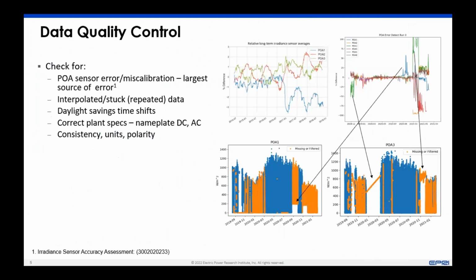First, data quality control. The biggest problem is the POA sensors. Since we're talking about large-scale PV plants, the maintenance of the sensors is always an issue. Here are a few examples. Some sensors will drift away, and here is one sensor, the blue one, somehow drifting away.